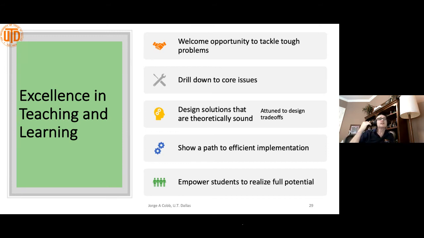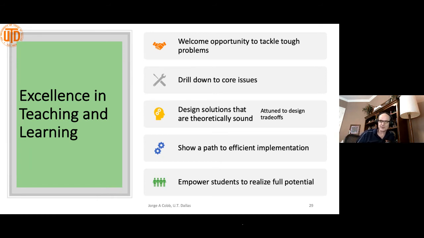And we drill down to core issues when you're studying a course and you're tackling a problem. We want to make sure that you understand every problem in its depth, to take away details that are unnecessary and empower you to obtain an abstraction of the problem and to understand the theory behind it. And then to design solutions that are theoretically sound, that make theoretical good sense, and then find what is the best actual solution depending on trade-offs.